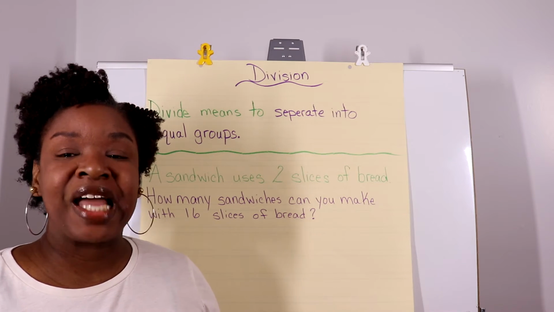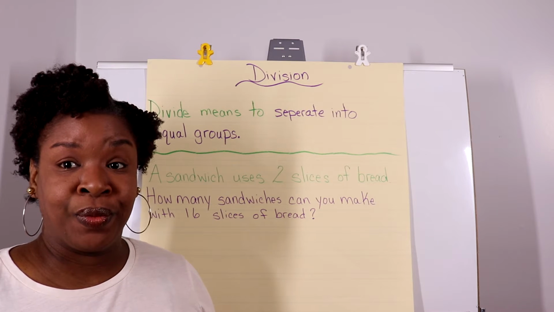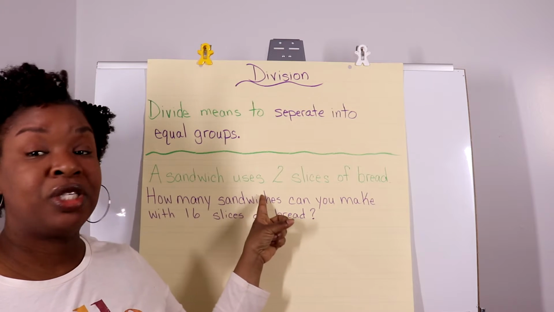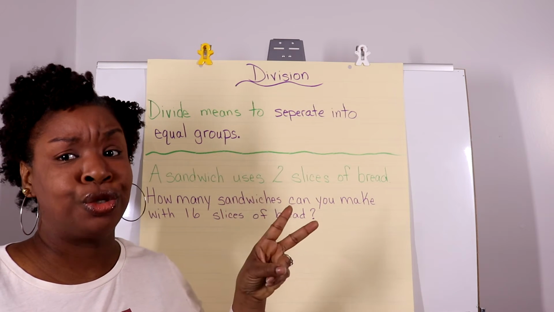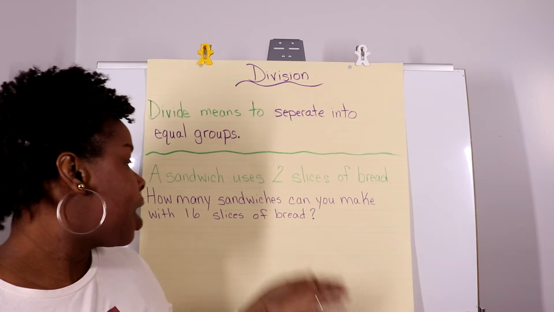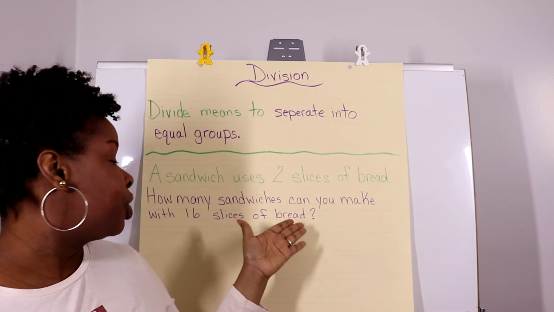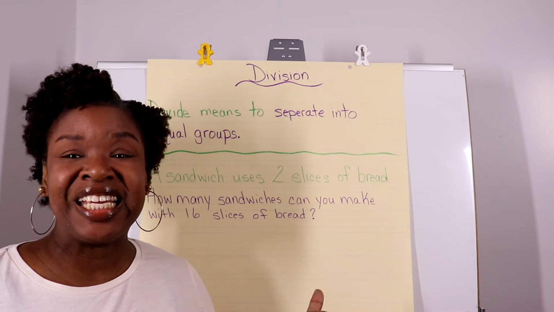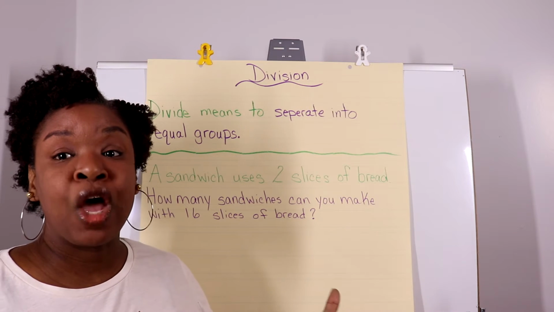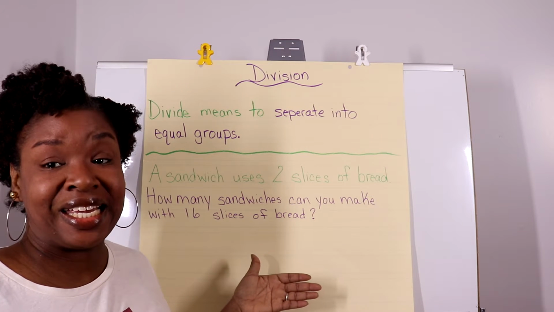What are the facts that we already know? We already know that a sandwich uses 2 slices. And what is the question asking us? How many sandwiches can you make with 16 slices? So we know that the total number we are working with is 16.